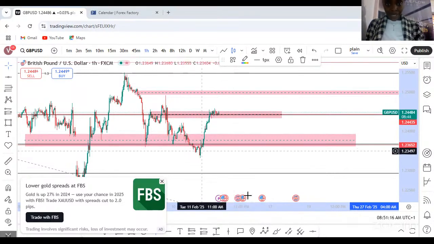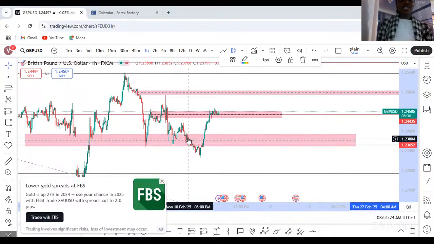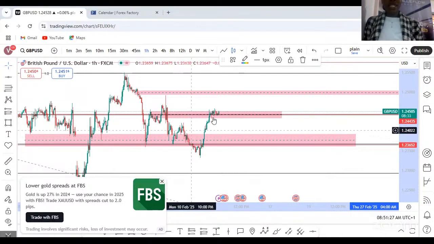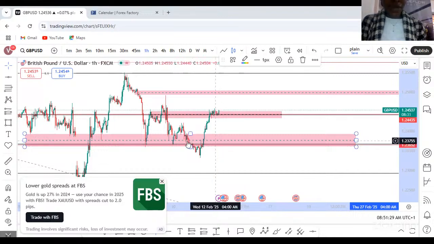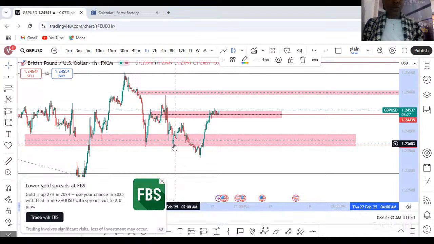I'm actually trying to say that this sell is just short term into this very left shoulder on the 1 hour time frame. So we may see price reacting and going bullish once price retraces into this very level at 1.23691.